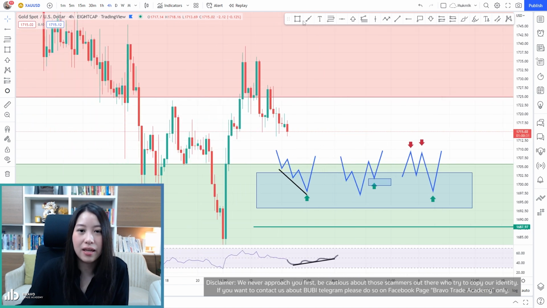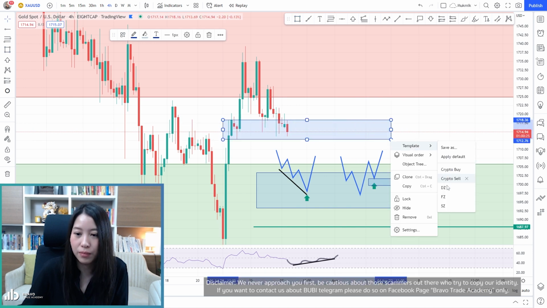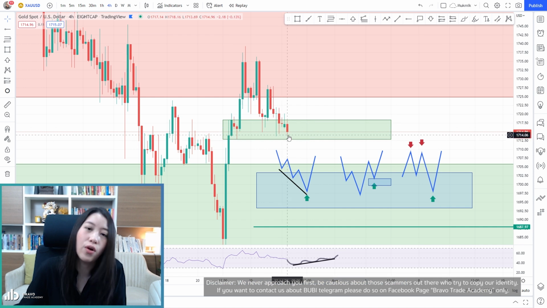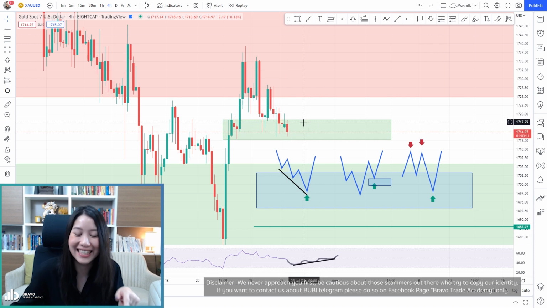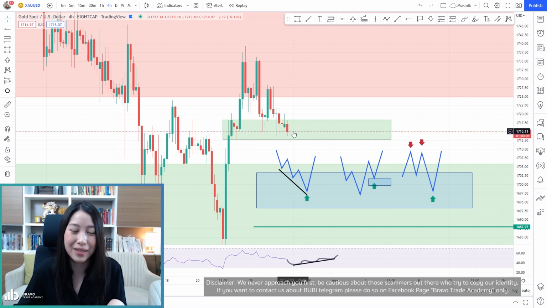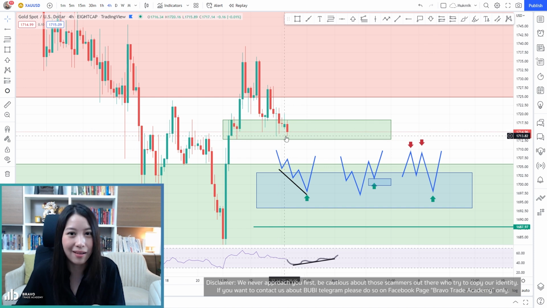What about the selling plan? Do we have a selling plan? I would say that the price is now still stuck in this demand zone. I said the trend is the downtrend, so going for selling is more favorable. However, if you enter sell here, it is still really risky as well, because we are still in the demand zone of the 4 hours time frame.